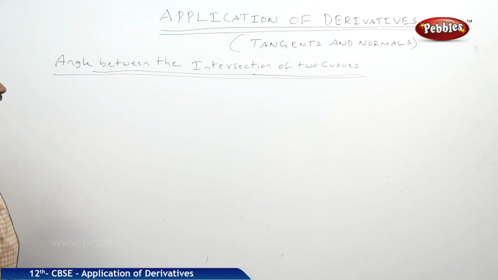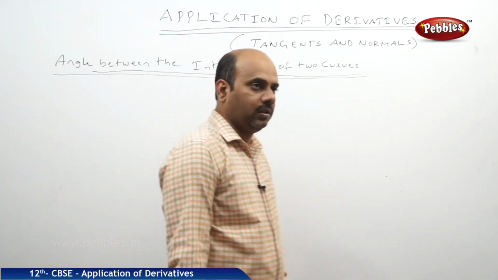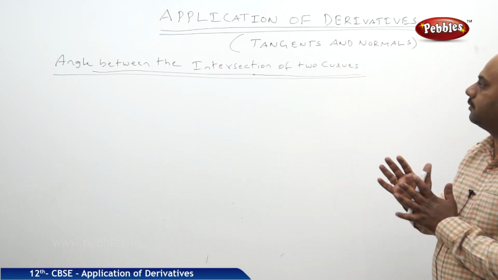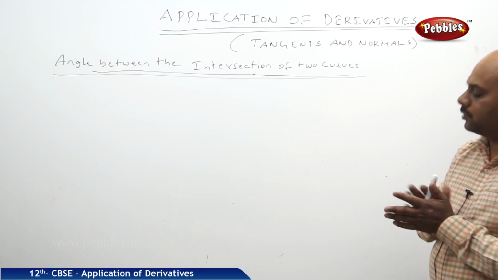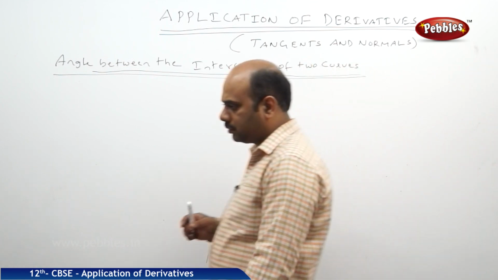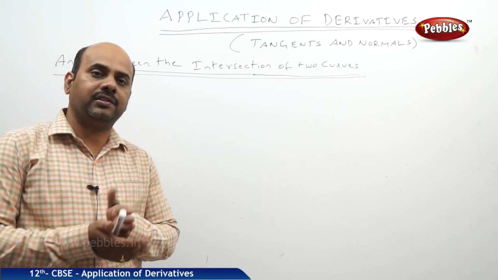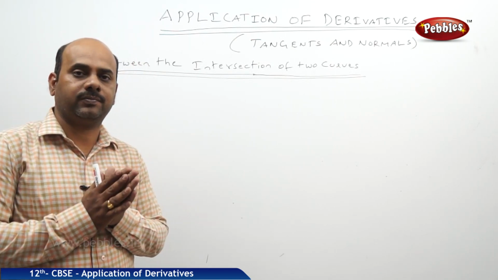Right, now we shall be seeing another topic in tangents and normals known as the angle between the intersection of two curves. The angle of intersection of two curves is defined as the angle between their tangents at their point of intersection.